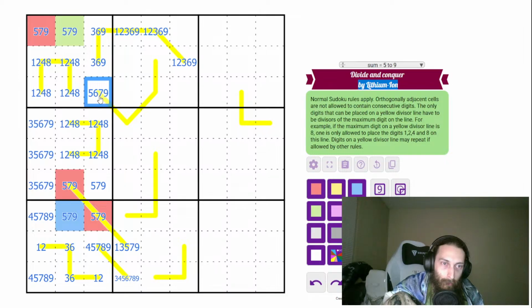Yeah. If this was, let's say this was blue, what does that mean for this line? If this is 5 or 7, then this would have to also be 5 or 7. Mm-hmm. And that would be 1, and then this would be 1 or 5 or 7.